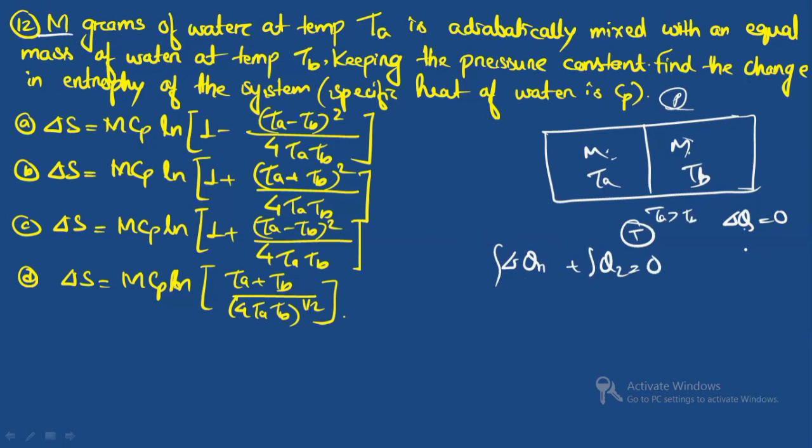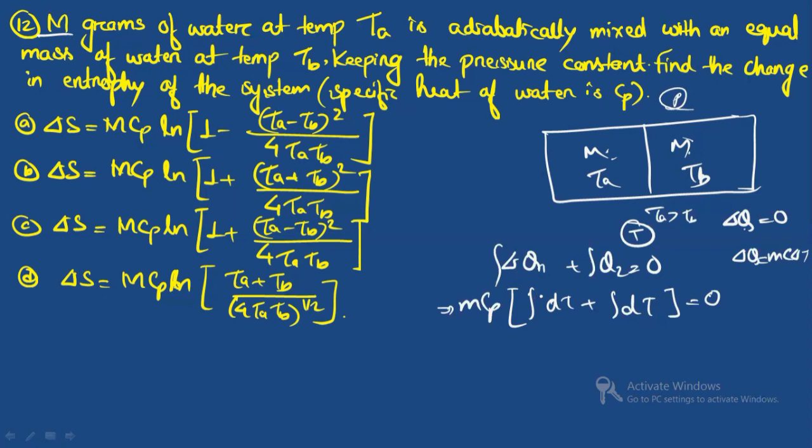You know the formula for del Q. You have seen m c del T. C is the specific heat of water, m is the mass. So you can write it as mCp, it is given to you. And here you will have integration of dT plus integration of dT, it is equal to 0. So here you see, temperature is what?